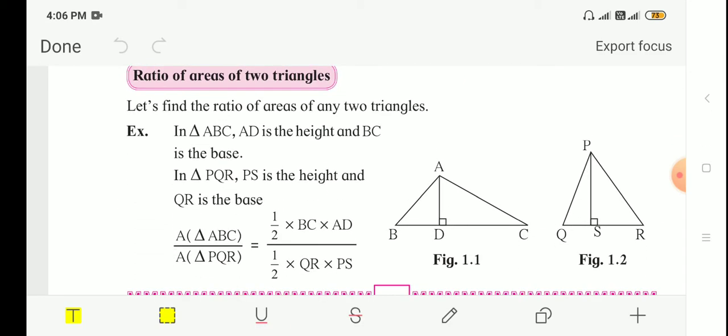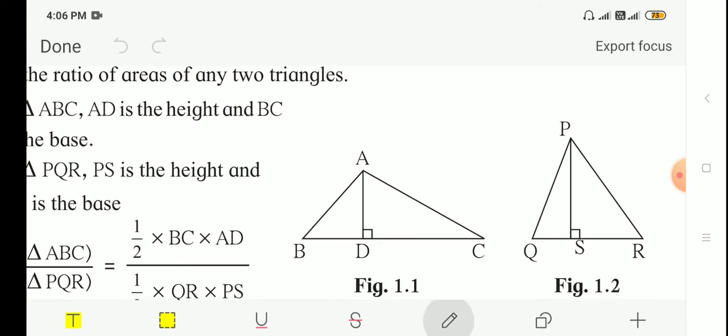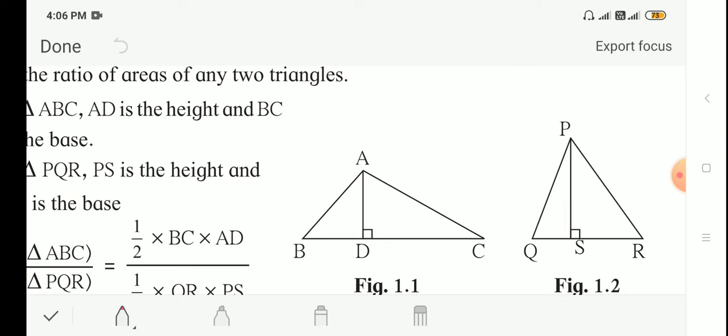Observe the two figures on the screen. First figure, triangle ABC. In triangle ABC, BC is the base and AD is the height. In triangle PQR, QR is the base and PS is the height.